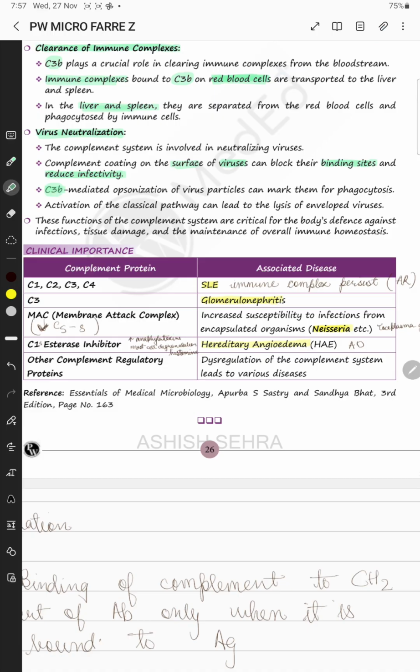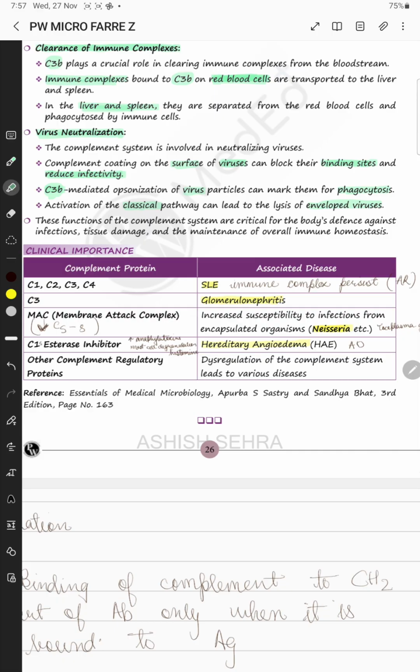ठीक है, C3 मीडिएटेड ऑप्सोनाइजेशन ऑफ वायरस पार्टिकल्स कैन मार्क देम फॉर फैगोसाइटोसिस. कोई वायरस है, उसका ऑप्सोनाइजेशन C3b कर लिया है, अब ये ईजिली फैगोसाइटोसिस हो जाएगा इस कॉम्प्लेक्स का. एक्टिवेशन ऑफ द क्लासिकल पाथवे कैन लीड टू द लाइसिस ऑफ एनवेलप्ड वायरस. क्लासिकल पाथवे के कारण एनवेलप्ड वायरस का लाइसिस हो जाएगा.